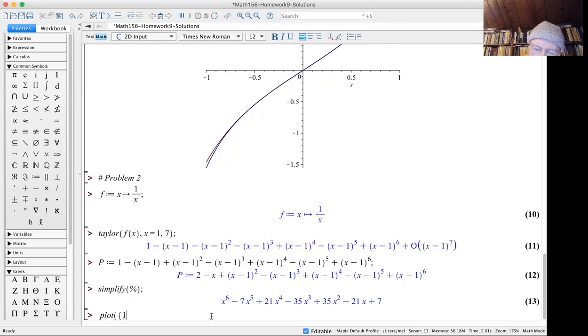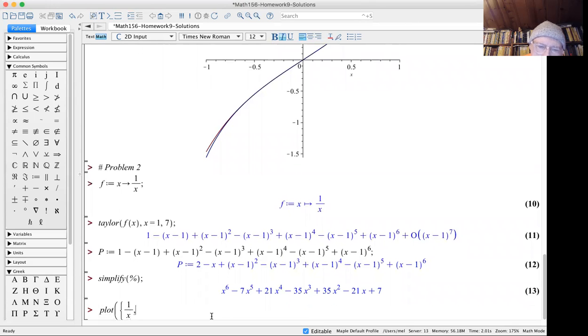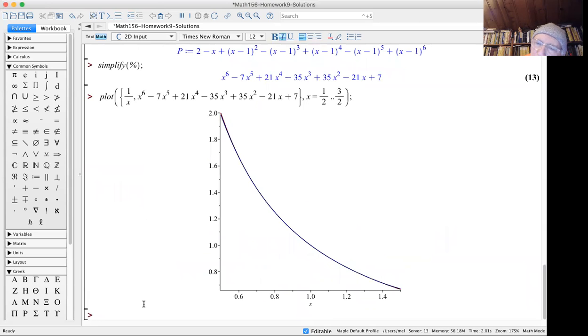So there's the function 1 over x, and there's this polynomial. Let's say x going from 1/2 to 3/2. Now, you truly cannot tell them apart.